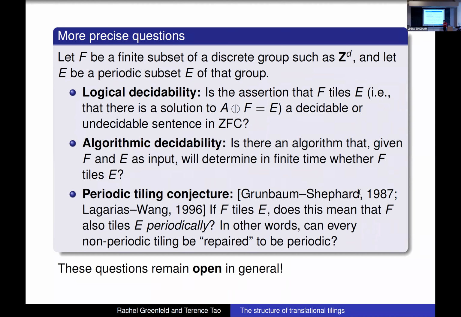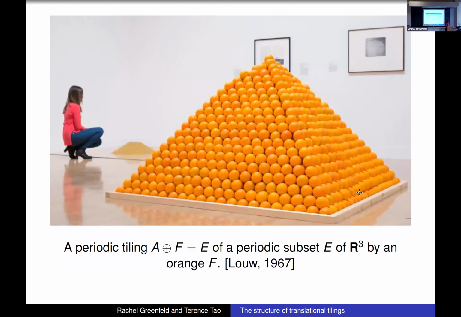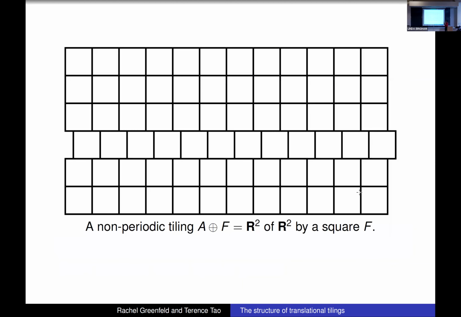But what we have observed in nature often is that whenever there's a non-periodic tiling by a tile, you can often modify it, you can repair it to be periodic. So you go back to this tiling, which is not periodic, but if you just take this line and slide it back, you can create a periodic tiling from this non-periodic tiling. So this particular non-periodic tiling can be repaired into a periodic tiling.